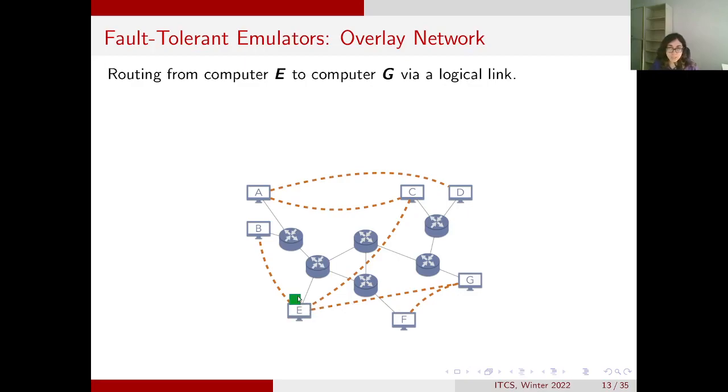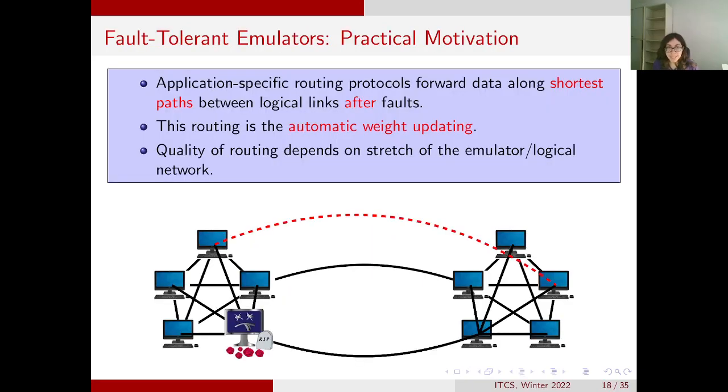So what the routing protocols would do is they would send the packet along the shortest path between these two nodes. What really happens in practice is that the application-specific routing protocols send the data along the shortest path between endpoints of a logical link. And they would do this automatically after faults. And this is exactly what an automatic weight updating would do.